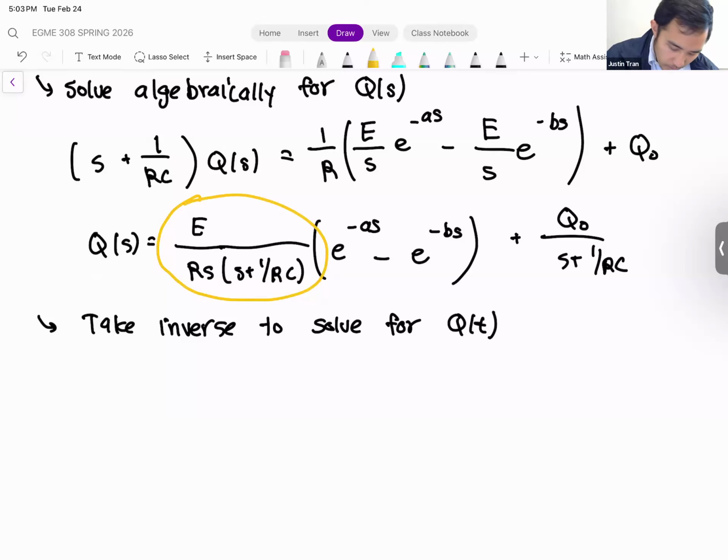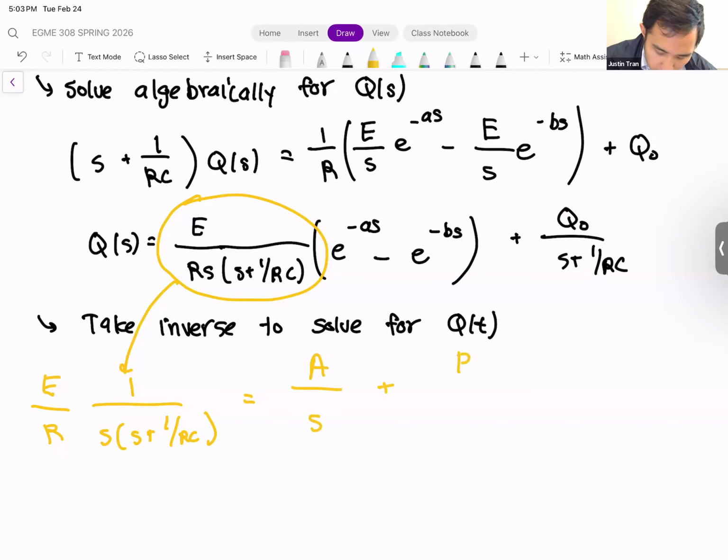So we have E over R times 1 over s times s plus 1 over RC. We do the partial fractions. This is going to be A over s plus B over s plus 1 over RC.